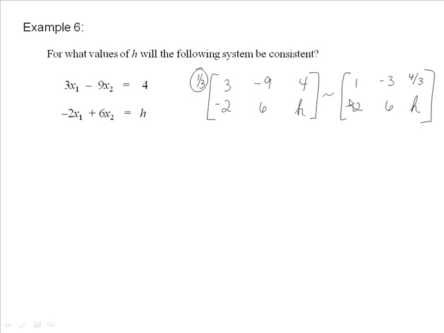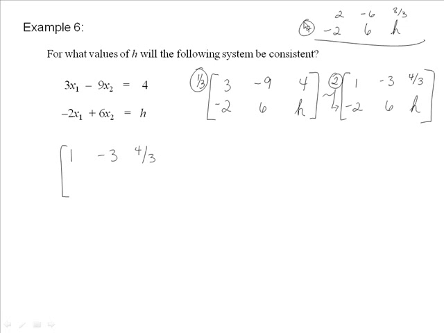Next we want to get a 0 underneath the 1, so I'll multiply this equation by 2 and add it to my last equation. So I end up with 1, -3, 4/3, and let's do the work for it. When I multiply by 2, I get 2, -6, 8/3, and I want to add that to -2, 6, and h.